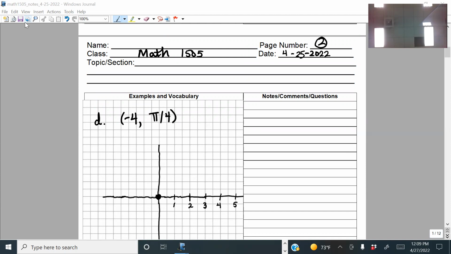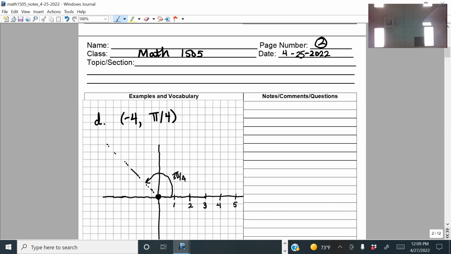So where's 3 pi over 4? Is that in the second quadrant? That's over here, right? Oh, so that's nice. We know that point 1 and 3 pi over 4 is somewhere on this line, okay? Because all of the points on this line form an angle of 3 pi over 4, right?